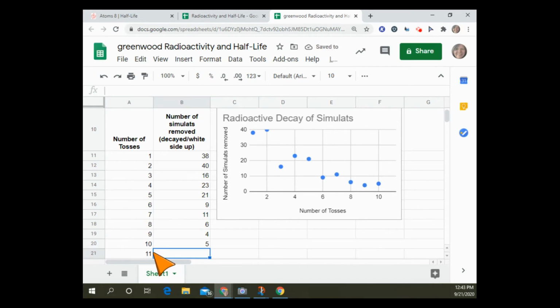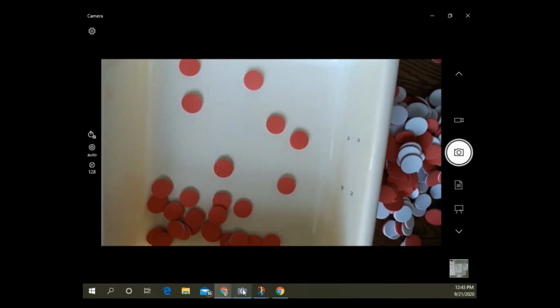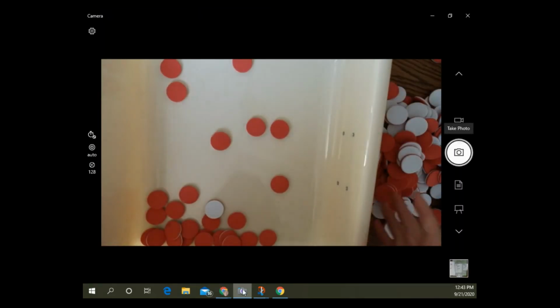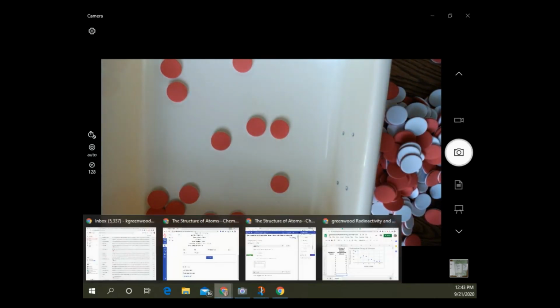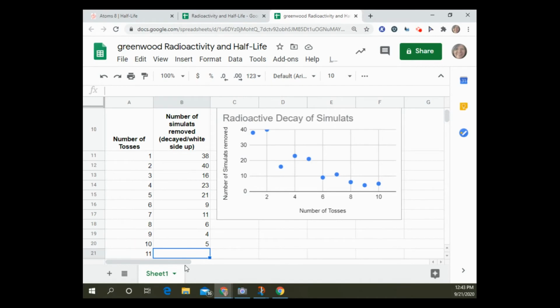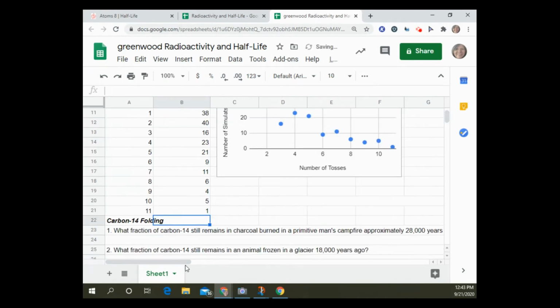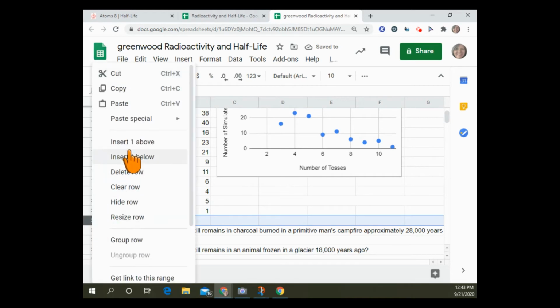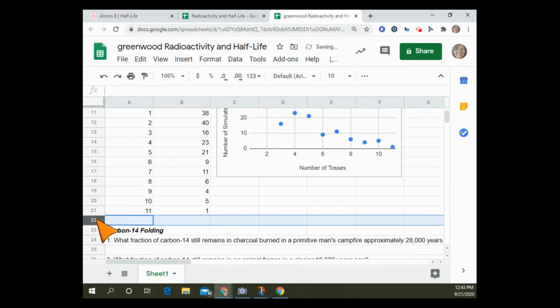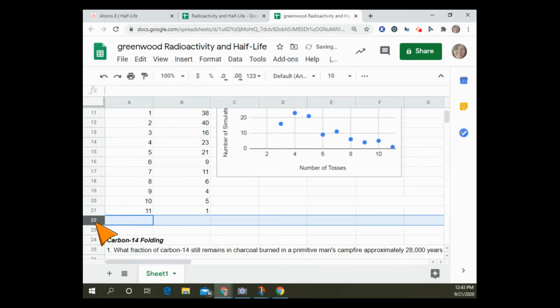We're going to continue again until there's no more simulats. Oh, we only did one that time. Okay. I'm going to go ahead and insert a couple rows so that we can continue our data.